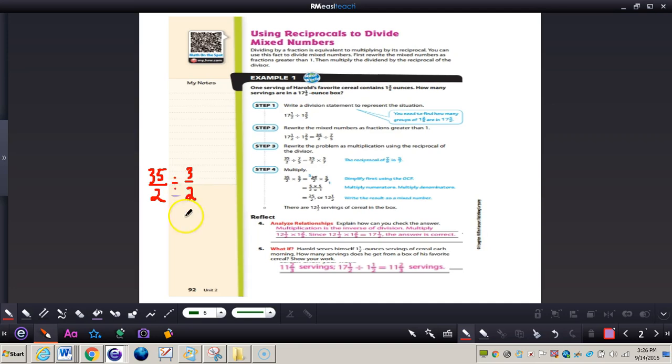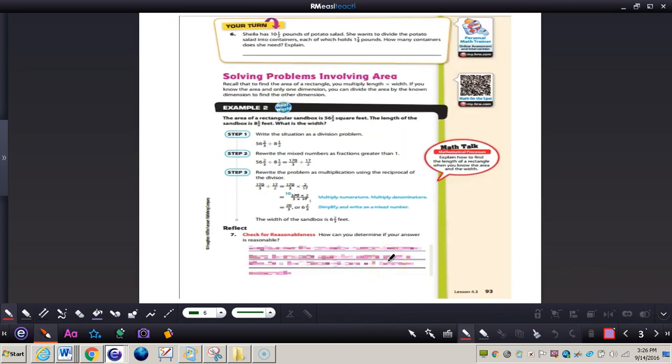So you have to set it up as improper fractions, and then you'll multiply by the reciprocal of the divisor. So the dividend stays the same, 35 over 2. I'm going to multiply that by 2 over 3. So 35 times 2 is 70. 2 times 3 gives me 6. Changing that improper fraction to a mixed number will give me 11 and 2/3. You may think, well, that 6 should stay the same, but I simplified it, making it 11 and 2/3. So let's turn over to page 93.